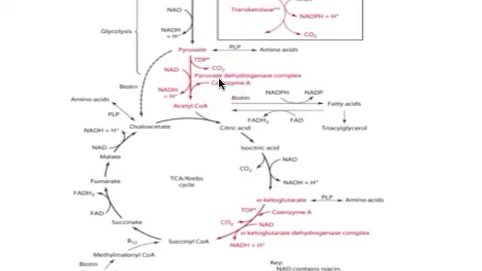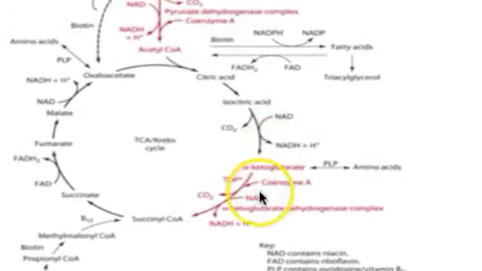And so we see this similarity in terms of the removal of carbon dioxide, removing carbon. So we see here pyruvate is a 3-carbon compound going to acetyl-CoA, which is a 2-carbon compound. We'll see a similarity with the alpha-ketoglutarate dehydrogenase complex.